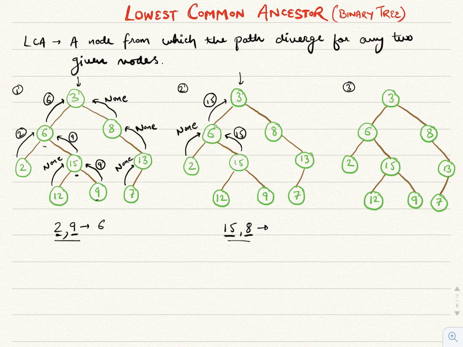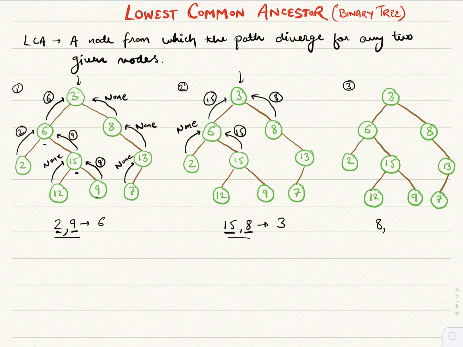So it will stop and return 8 immediately. So now 3 has gotten 15 and 8, the not none values from the right side and the left side. So 3 will return itself as an LCA.